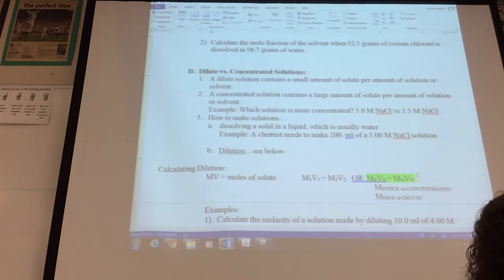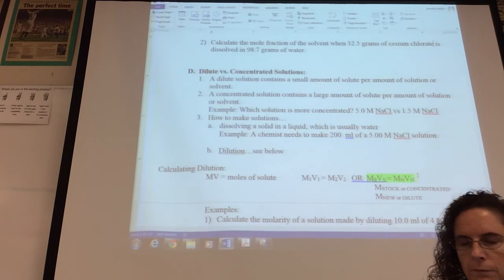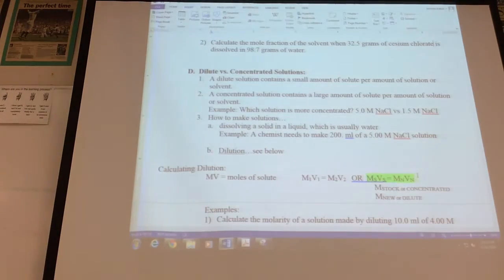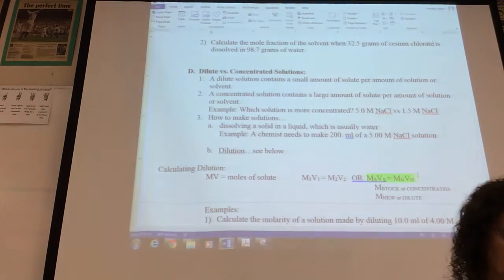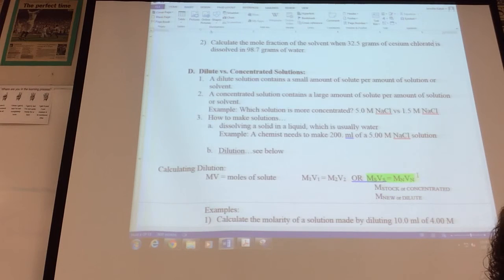Solution, I can't get the moles of solution. I know the moles of solute. That's weird. What's cesium? Like 132 or something? So this is the moles of solute, so would you put that on top?